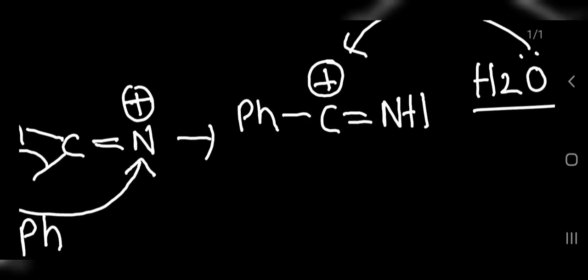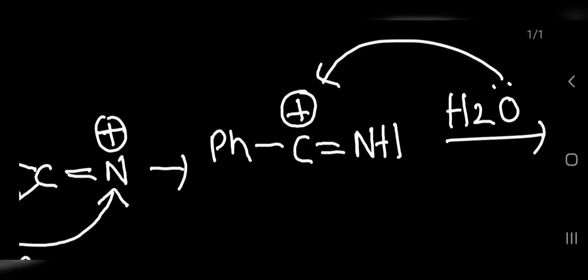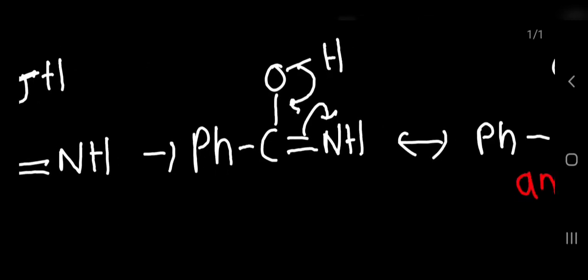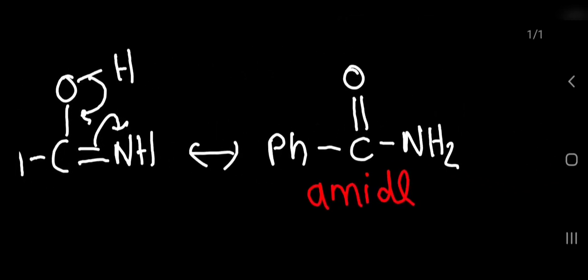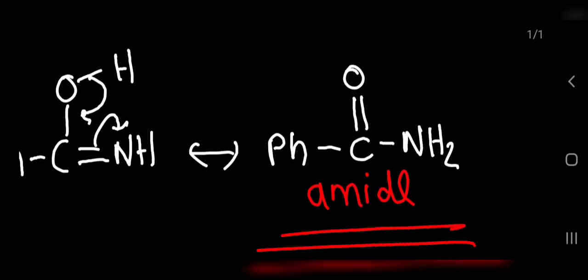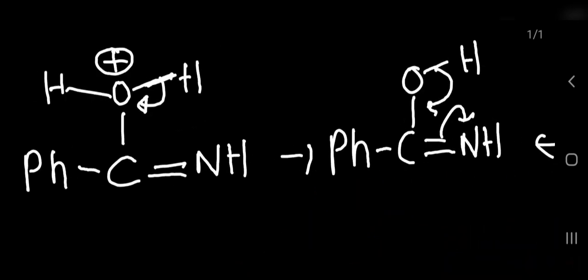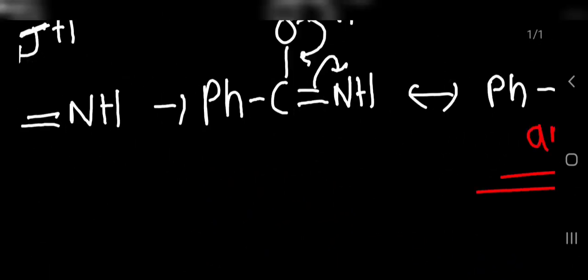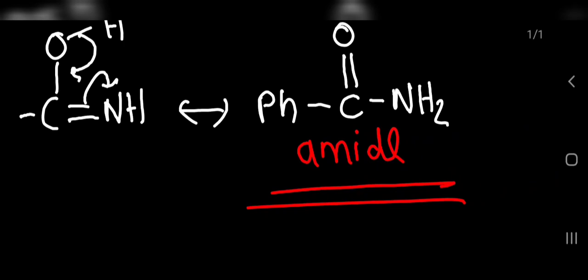Then the electron deficient carbon is formed, over which a water molecule acts as a nucleophile, and then there is a formation of the amide, which is our required product. This is how the rearrangement of the oxime functional group to the amide takes place in the Beckmann rearrangement reaction.